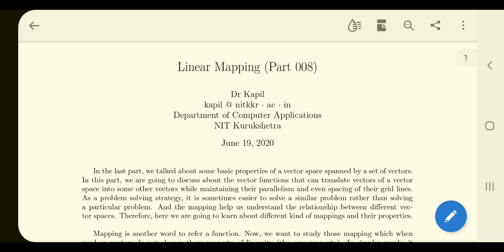But now we are going to study linear functions, so linear mappings from one vector space to another vector space. When we say it is from one vector space, it means that the complete vector goes into the function, and a vector is spit out.